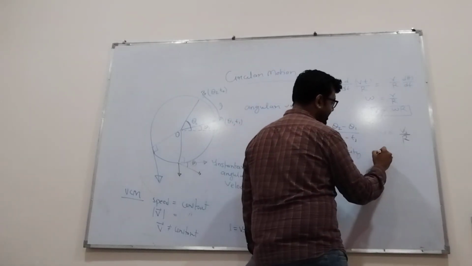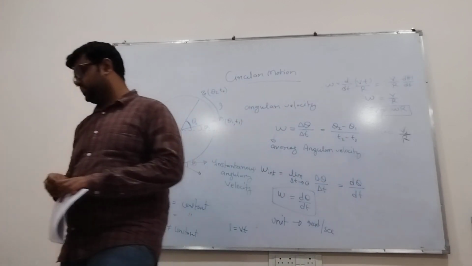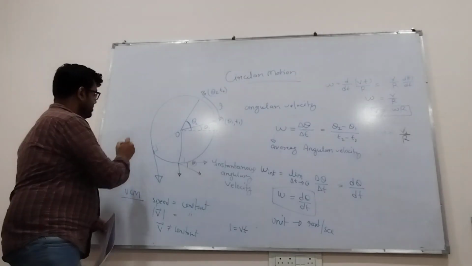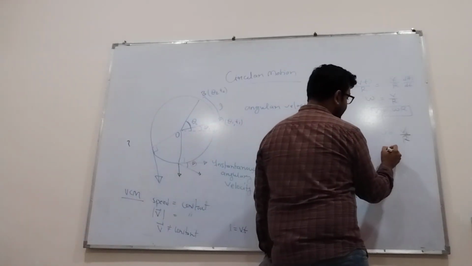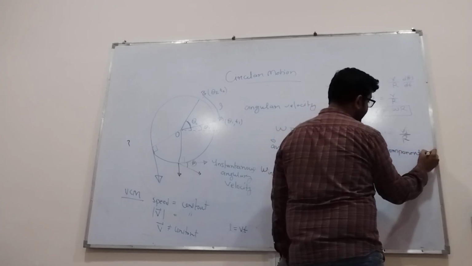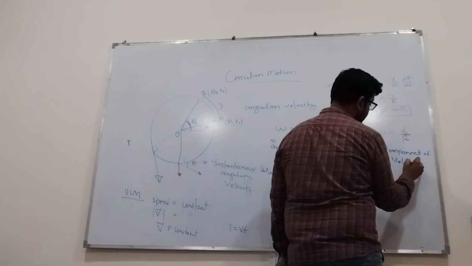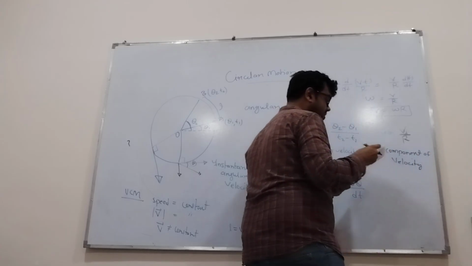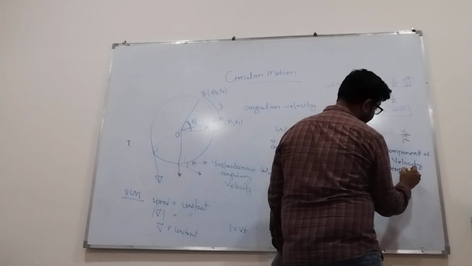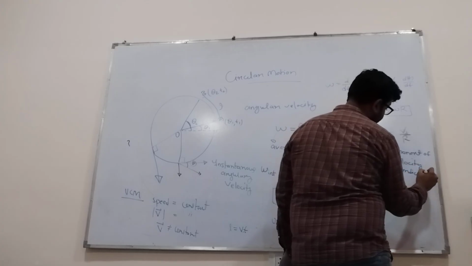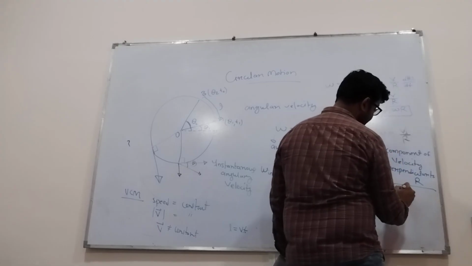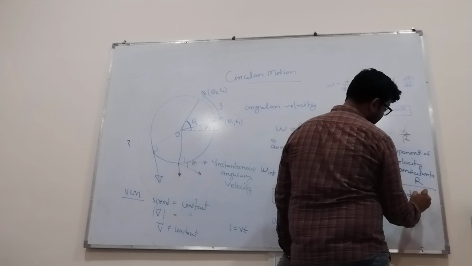I also write it in terms of words. So, component of velocity perpendicular to r, divided by the radius.